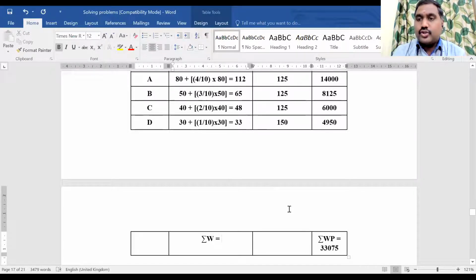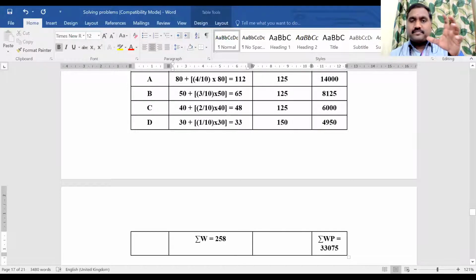Because we got the new weightage, not the previous one, we need to find the new weightage total also. 258. Okay, very good. So in the previous step we got the price index value for the given problem, and then they're asking what will be the change in the index number if the commodity values of each item increased by a certain percentage.